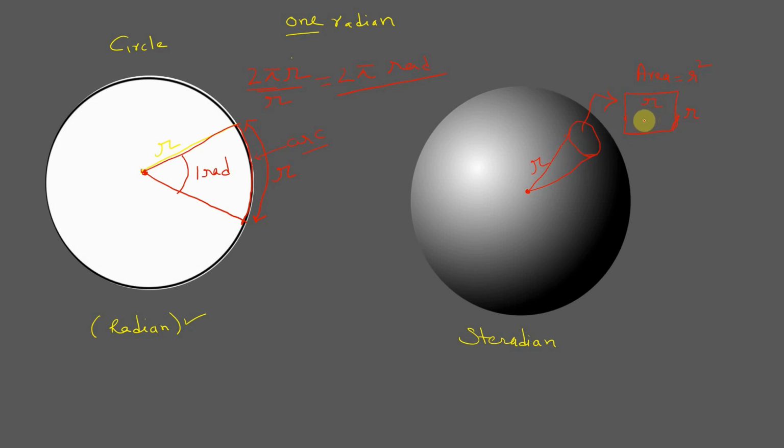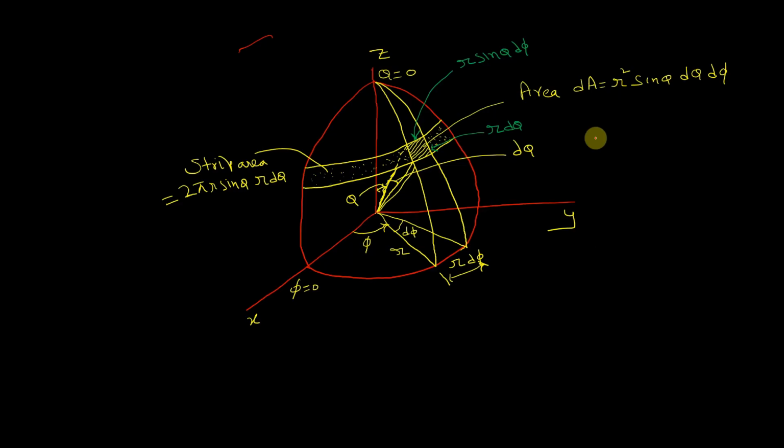So this is the steradian. We have to deal with this spherical area, which is equivalent to the area of a square. If we want to plot this in 3D, it will look like this. This is again a spherical coordinate system having coordinates r, theta, phi.